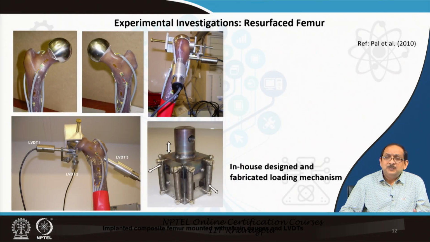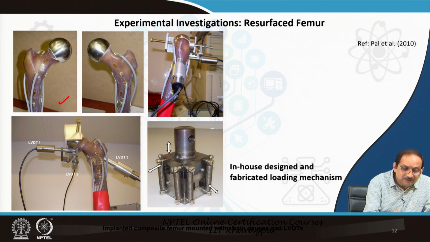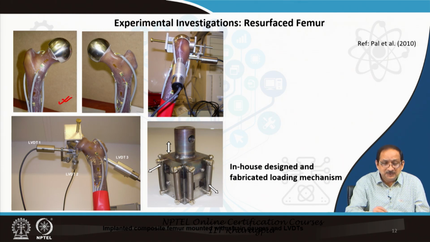In this slide, we will be focusing on the resurfaced femur. As you can see in the figure on the left, the two figures facing opposite to each other are photos from the experiment, and here you can see the strain gauges fixed at different locations on the implanted femur.